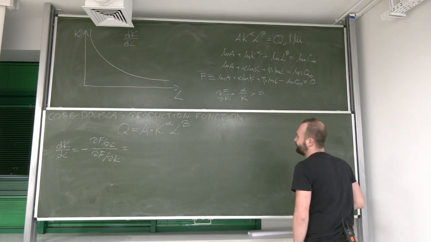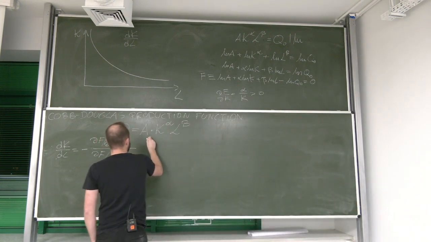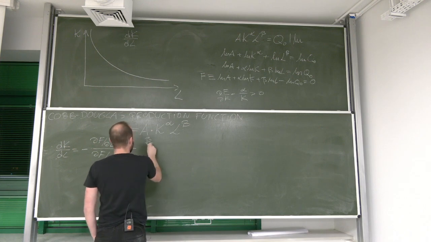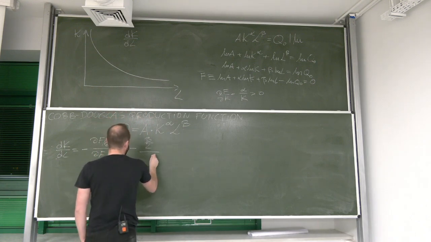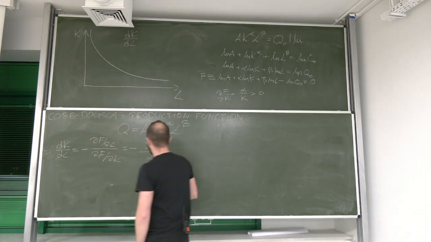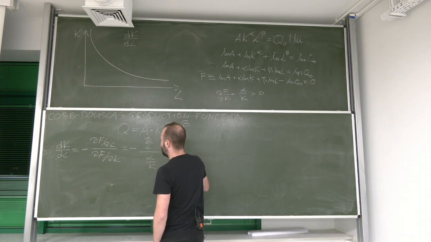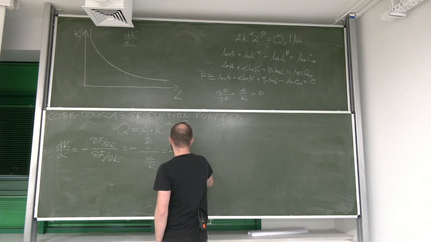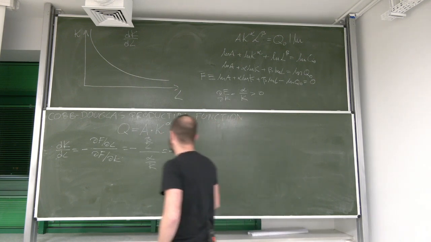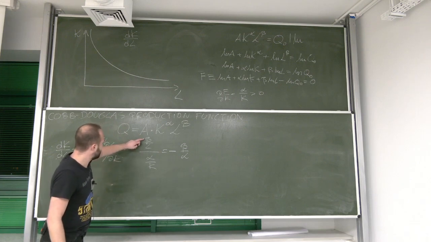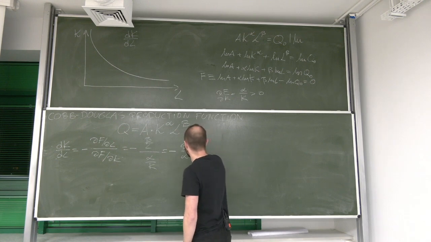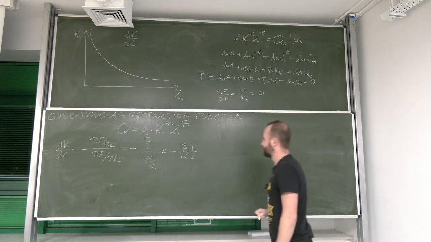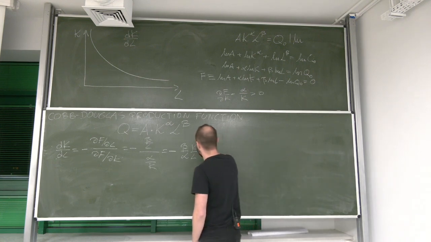On the top we're going to have beta over L, and in the bottom we're going to have alpha over K. So we're going to have that this is negative beta over alpha times K over L, or capital to labor ratio, right?